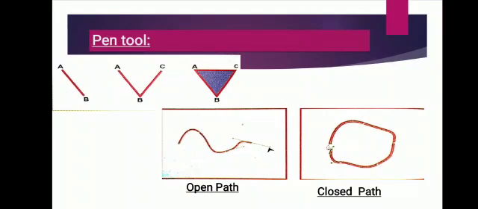Now click on the close path. Animate automatically fills the path once it becomes the closed outline. Okay. So this is the using pen tool. Next is pencil tool.